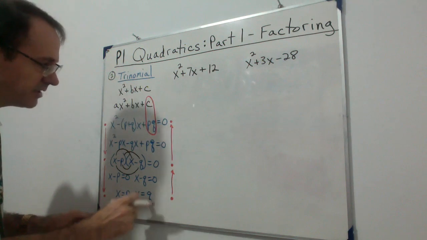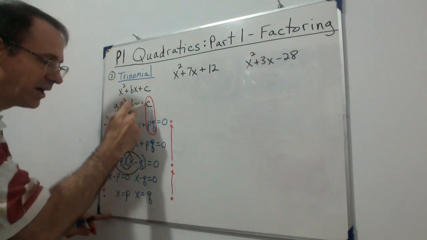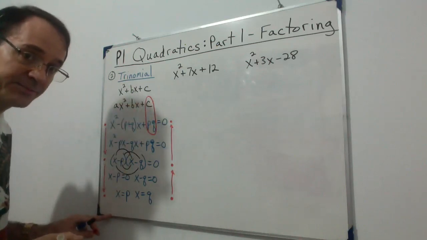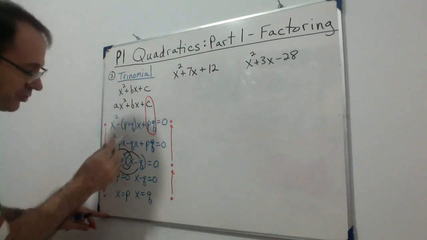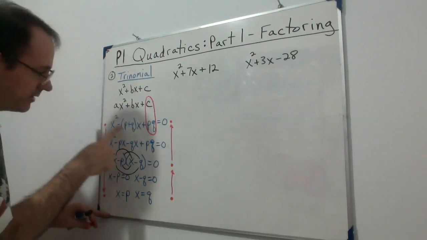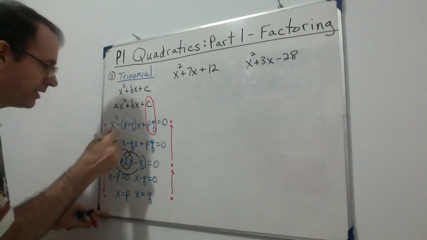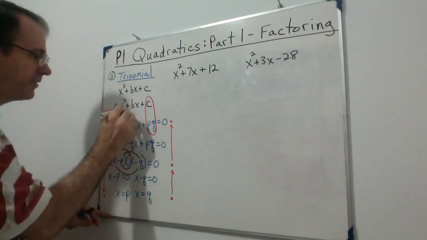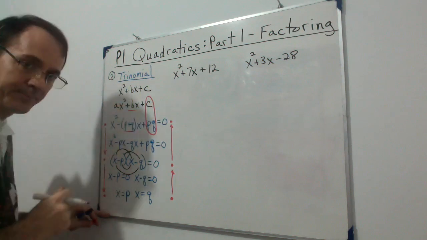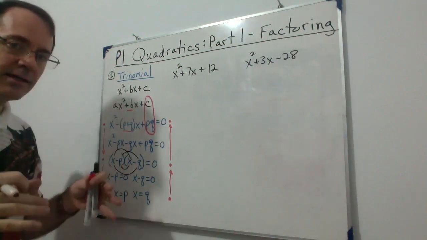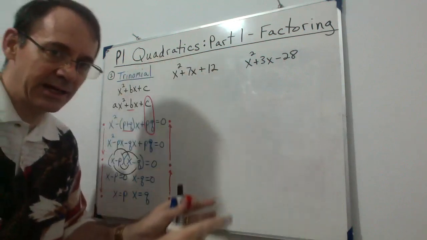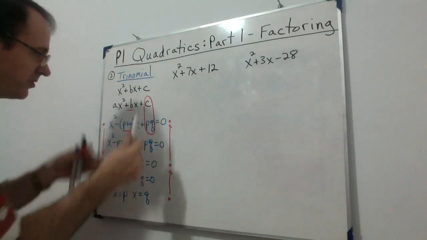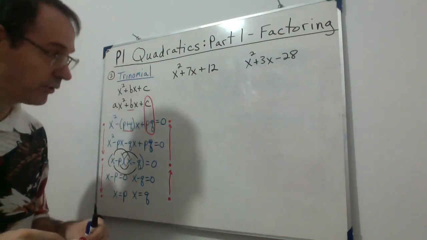Our two solutions come from factors of the C term, the third term in our quadratic expression. And the two solutions added together, though we'll have to pay attention to the sign, give us the B term. Okay, so that's very important in understanding how this factoring works. By working backwards, we see the relationship of the answers to our original quadratic.